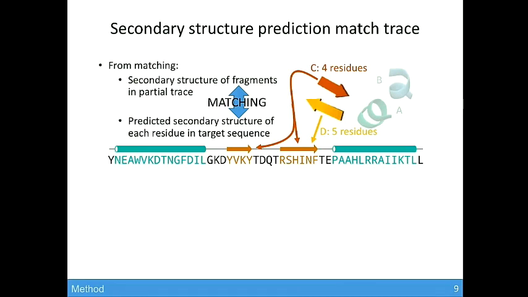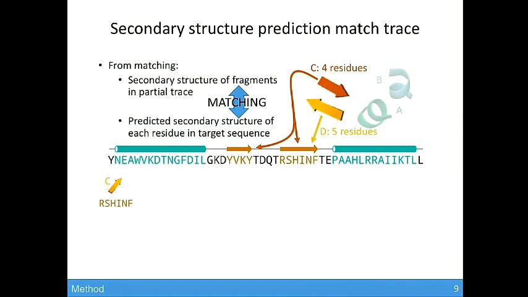So in this case, we have 4 residues for this red chain and 5 residues for this other chain. Since the 4 can be fitted into those 2 pieces of the sequence, those 2 hypotheses will be evaluated. The restriction given by the 5 residues will be evaluated only in this case.